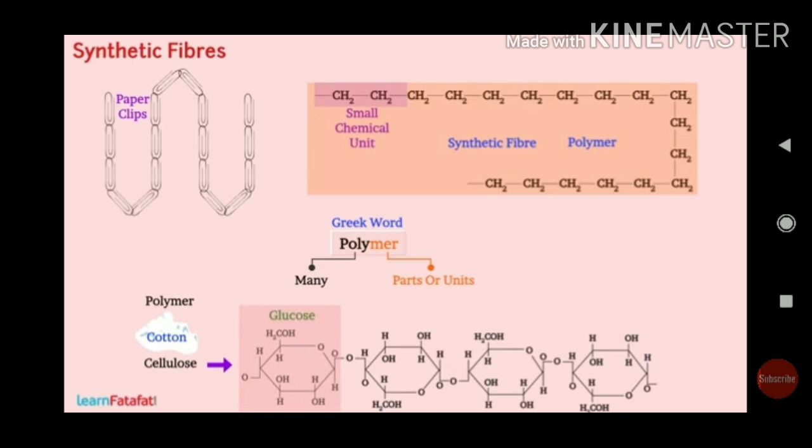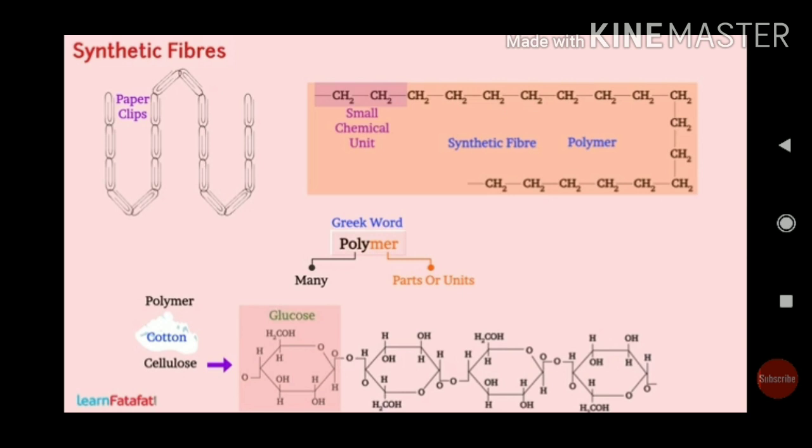Using these fibres, you can create household materials and articles also. Now, how does a synthetic fibre look? Let me give an example to understand it more.